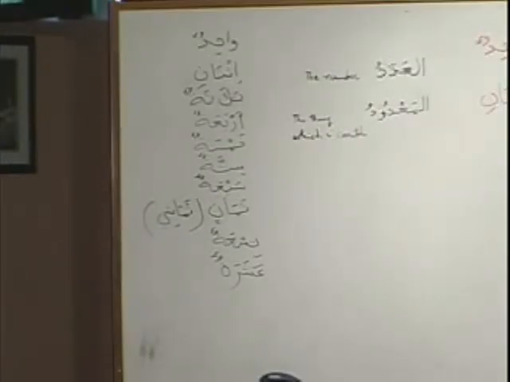Is it Hamzatul Qata or Hamzatul Wasal? It is Hamzatul Wasal. We have to take note of it. That Ithnani, the Hamza is Hamzatul Wasal. If it comes in the beginning, it is pronounced. If it doesn't come in the beginning, then it is assimilated. Are you with me? We have to remember that.